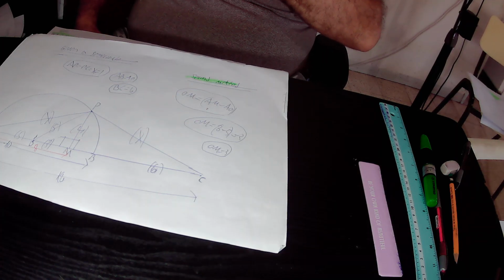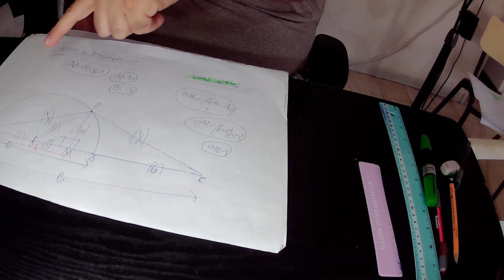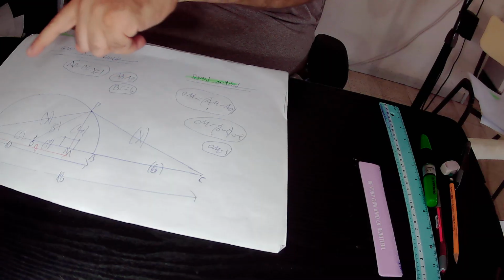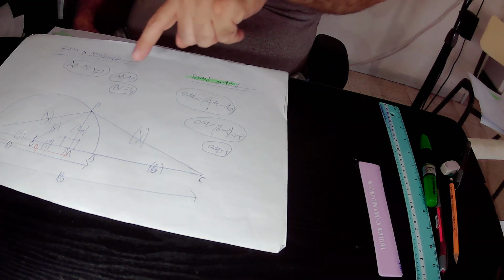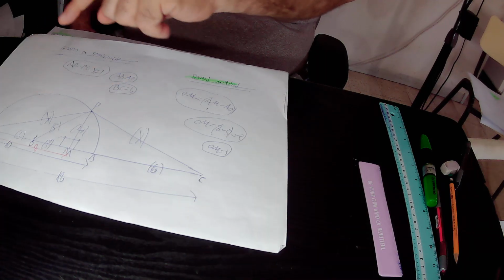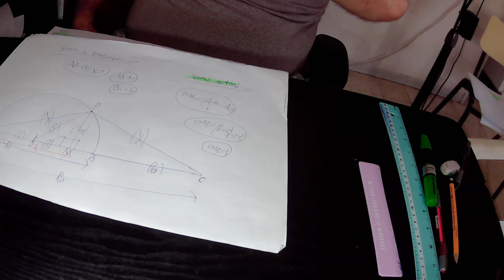According to the rule that I mentioned, the perpendicular PM to the base AC bisects the base AC. AC is 16, therefore each half must be equal to 8. AM is 8 and MC is also 8.